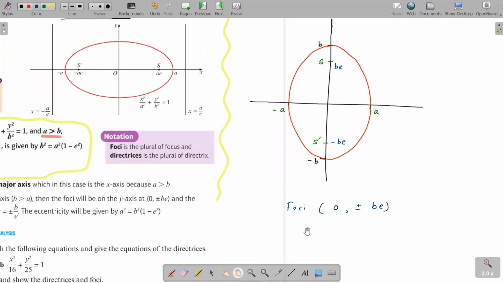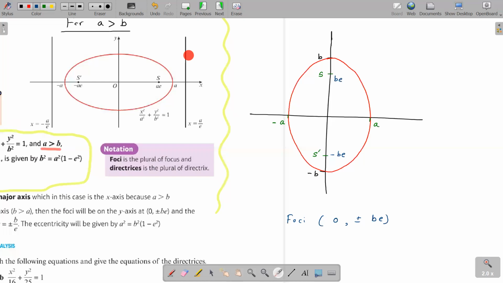And your directrices. Now, what were the directrices when you were on the x-axis? x equals a over e. So now, be more specific. Is it x equals b over e? That's still not it, it's y equals b over e, because now it's a horizontal directrix. It's not vertical, right?